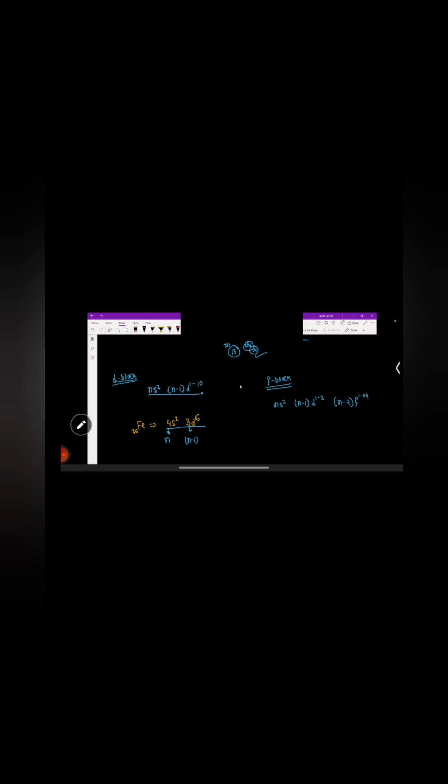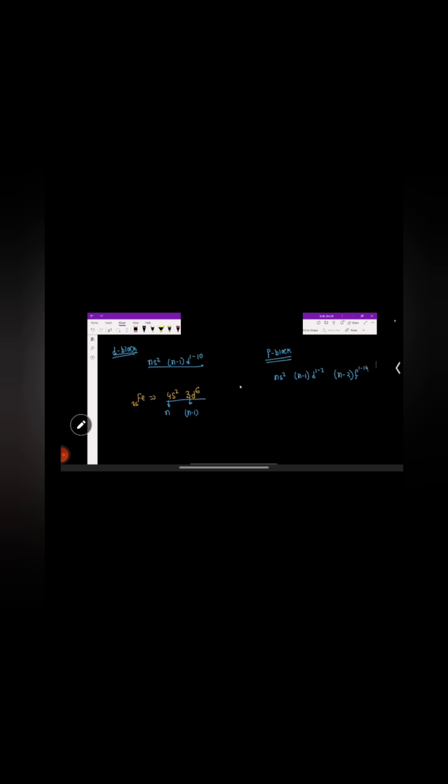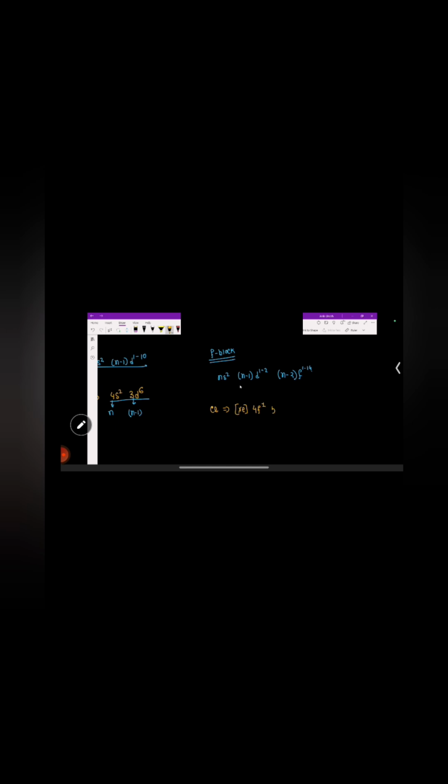If you try to follow the electronic configuration of F block, how will it look? Let's talk about cerium. Cerium's electronic configuration goes like xenon's electronic configuration followed by 4f1, 5d1, 6s2.